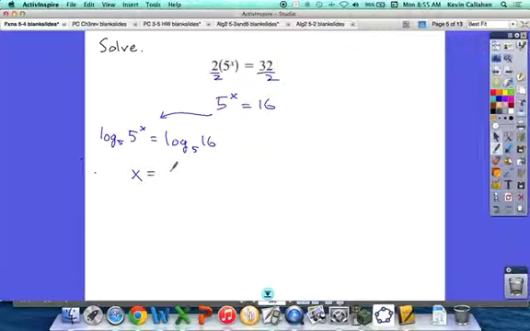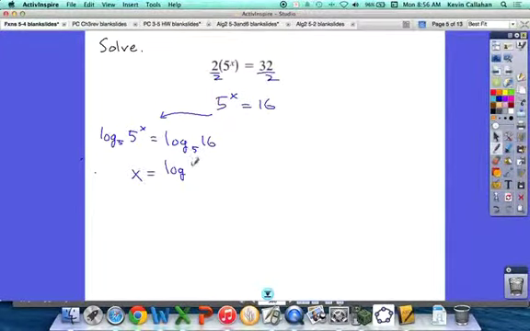Now, at this point, this is where change of base formula can come in. So how could I rewrite log base 5 of 16 using change of base so that it's common log or ln? I'll use common log.